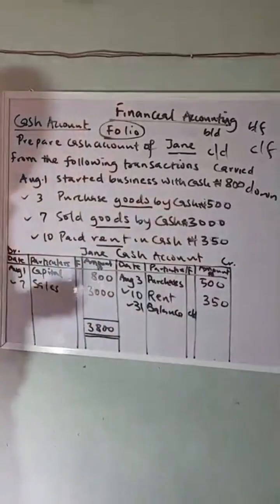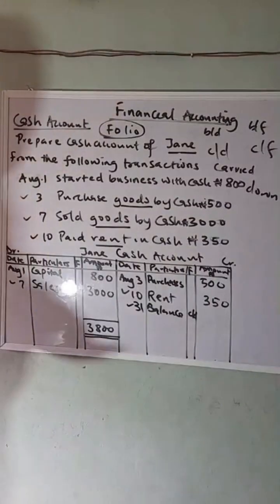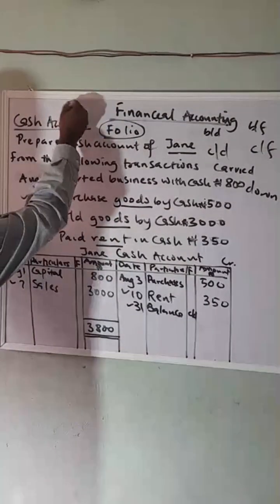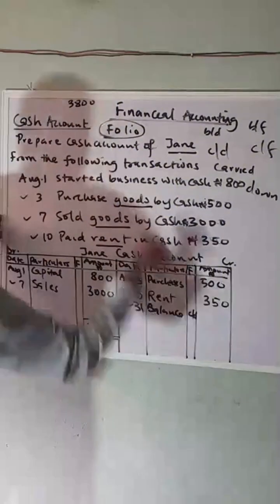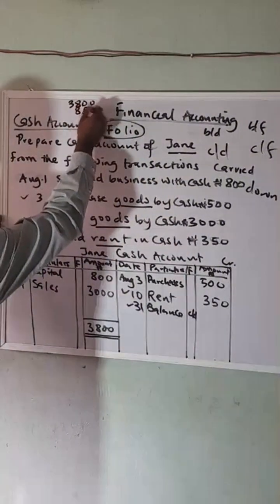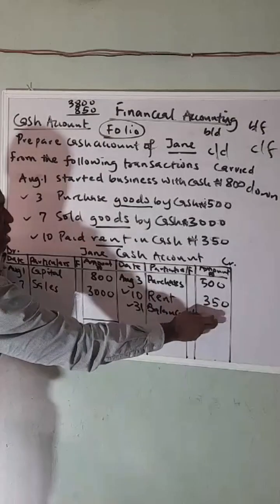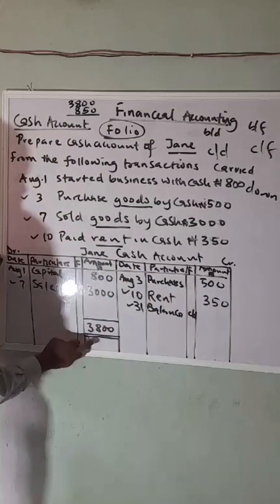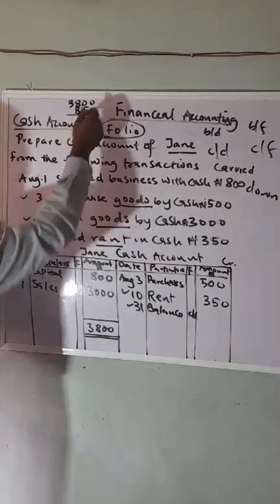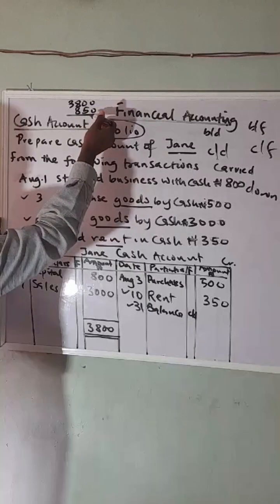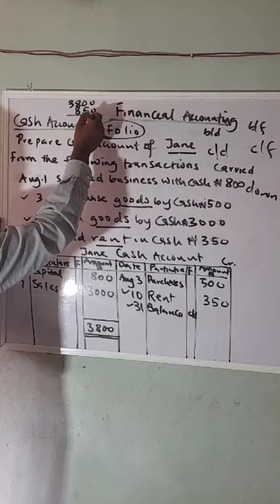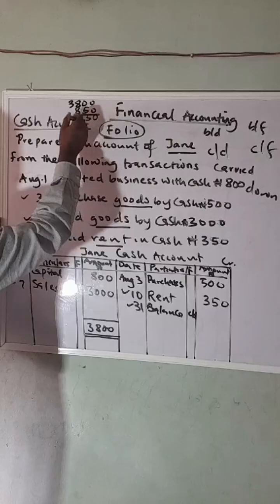We're going to quickly subtract in simple language: 3,800 minus 850. The total payment is 850. The total receipt is 3,800. The difference will give us 2,950.